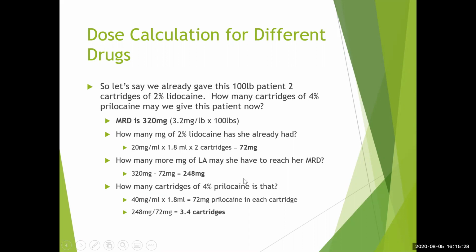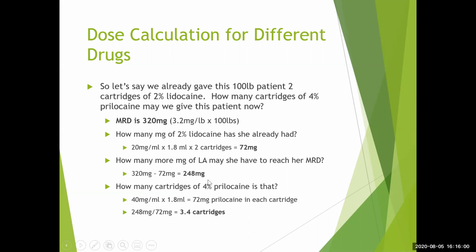So how many more milligrams of local anesthetic may she have to reach her MRD? Her original MRD is 320 milligrams, but we already gave her 72 milligrams of lidocaine. So 320 milligrams minus 72 milligrams means that she can have 248 milligrams more of local anesthesia. If we're switching to prilocaine, we want to figure out how many cartridges that is.